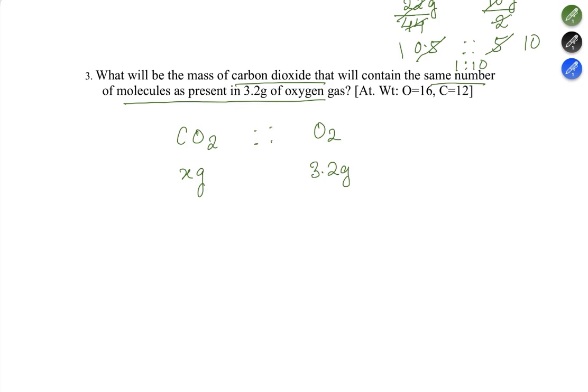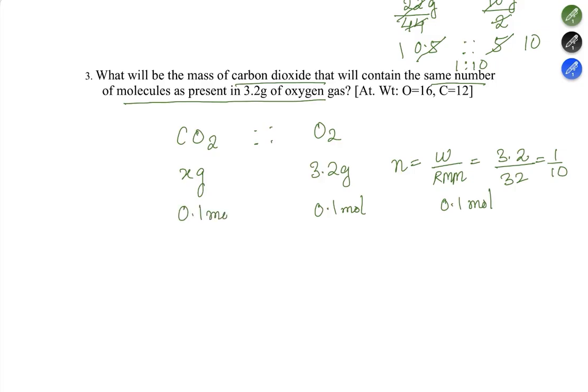How will you calculate the moles of oxygen? As we have this formula, the moles will be equal to the given mass by the RMM of oxygen gas, which is 3.2 divided by 32. So you will get 1 by 10, which is 0.1 mole. So oxygen present here is 0.1 mole. That means if the carbon dioxide has to have the same number of molecules, the moles of carbon dioxide must be 0.1 mole.